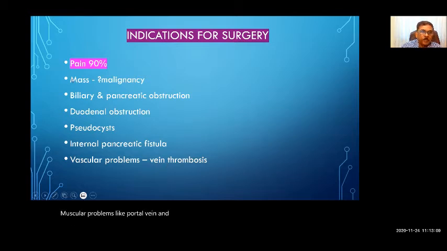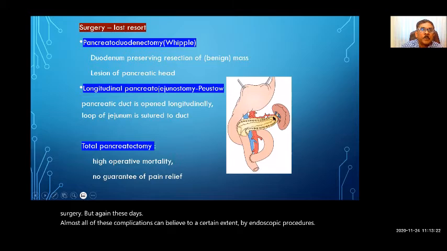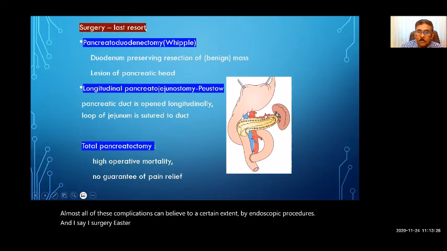So all these may indicate surgery. But again, these days, most of these complications can be relieved to a certain extent by endoscopic procedures. And I say surgery is the last resort when everything else fails.